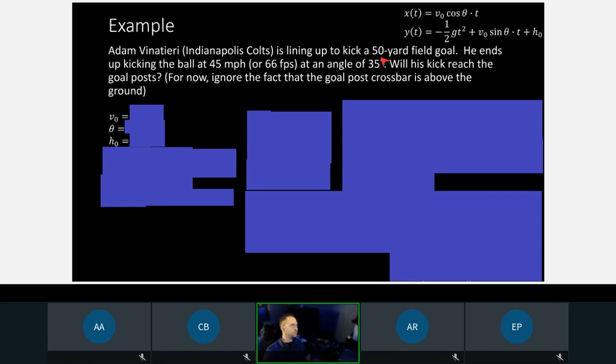All right, so it says he ends up kicking the ball at 45 miles per hour or 66 feet per second. So if you're thinking the ball is on the ground or wherever, whoever's holding the ball, the tee, yes, it's not moving, so it's 0, right?